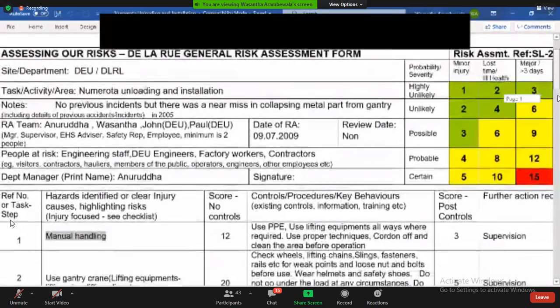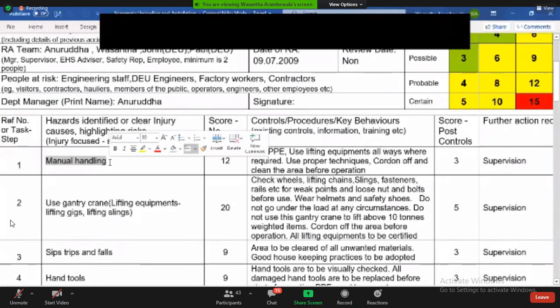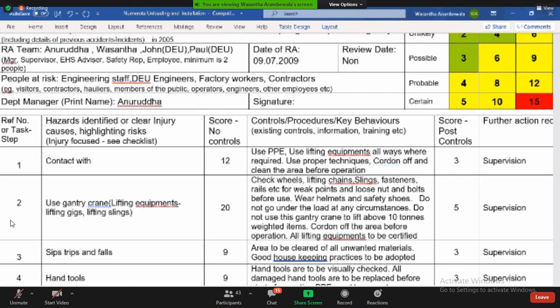We will take some things like contact with high voltage.